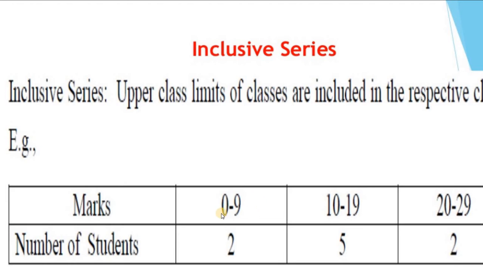Means 0 to 9, 9 is the upper limit, that upper limit is included in this class. Here you can see 10 to 19, the upper limit is 19, that is included in this class. 20 to 29, that upper limit is included in this class. That one is the inclusive series.